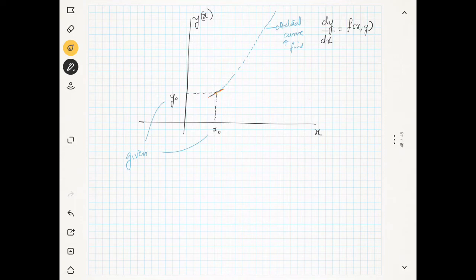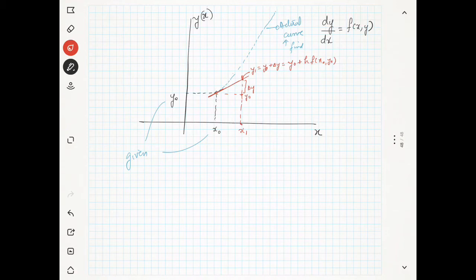Suppose we have a new point, x1, and you know that by using Euler's method we found this delta y, and this is y naught, and we found y1, which is y naught plus delta y, that means y naught plus h into f of x naught y naught.